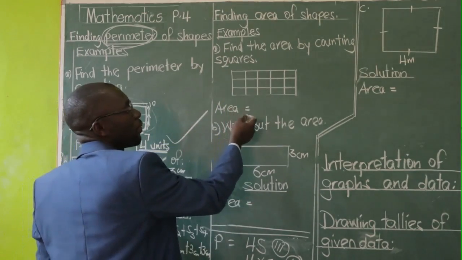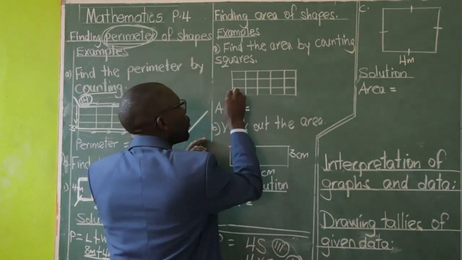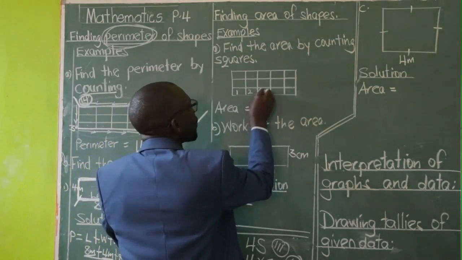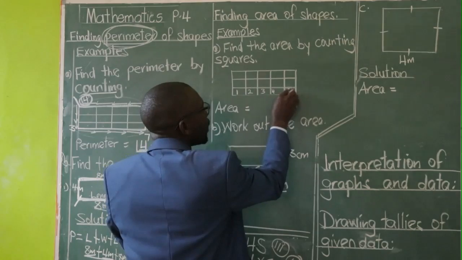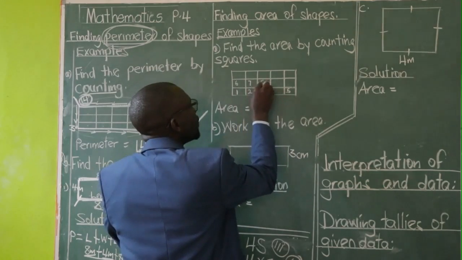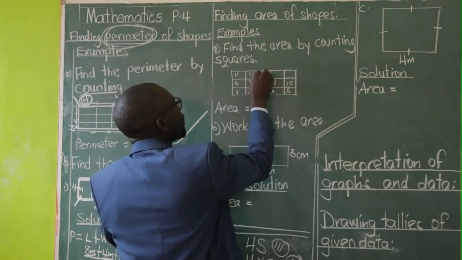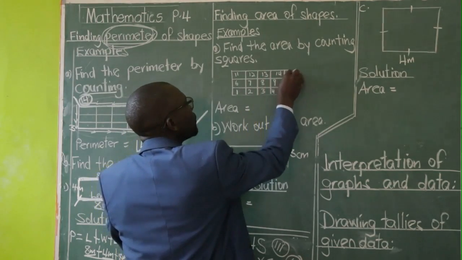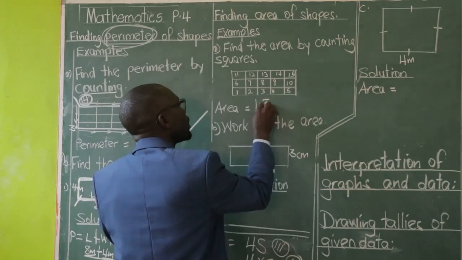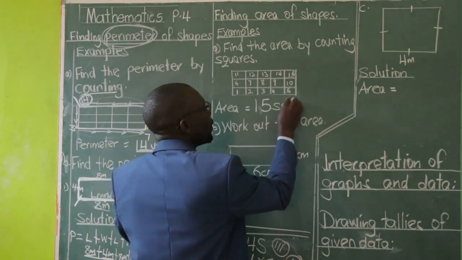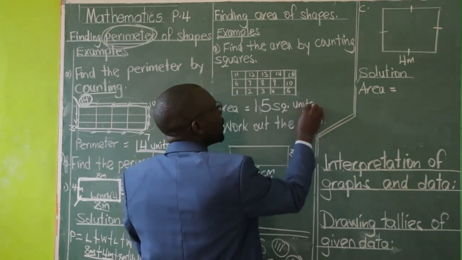So this one is simple. You can write the numbers there so that we don't forget. 1, 2, 3, 4, 5, 6, 7, 8, 9, 10, 11, 12, 13, 14, 15. We can write and say the area of that shape is 15 square units.